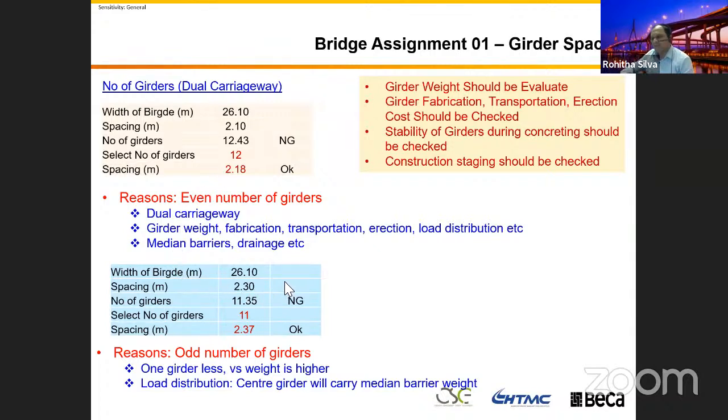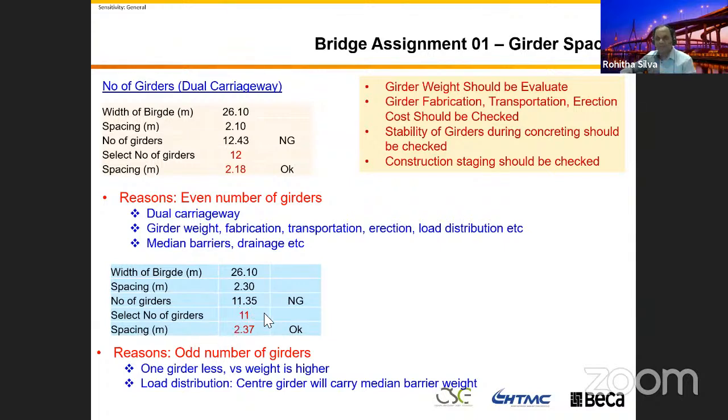I said, okay, I want to try to reduce the girder spacing further down. Then I increase the spacing close to 2.4. I go to maximum 2.3. Then I increase the girder spacing to 2.3. I can see the number of girders required for the bridge to support this 26.1 meter width, and the number of girders required is 11.35.